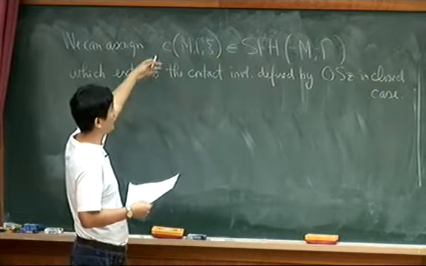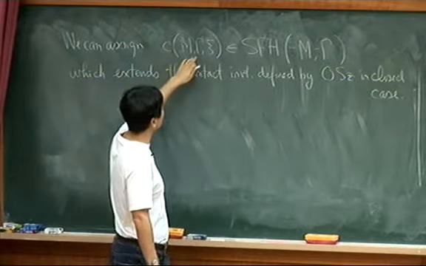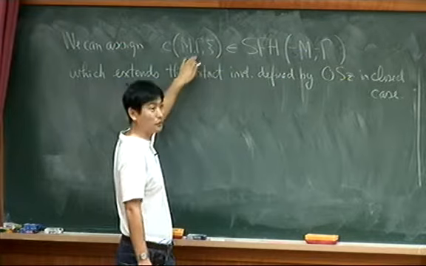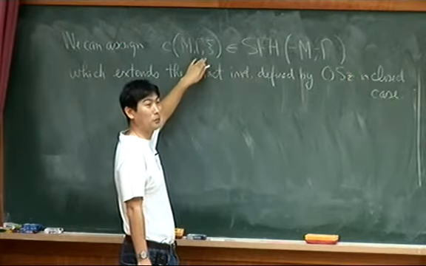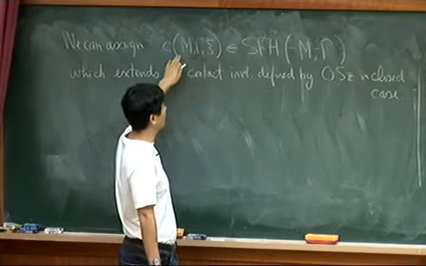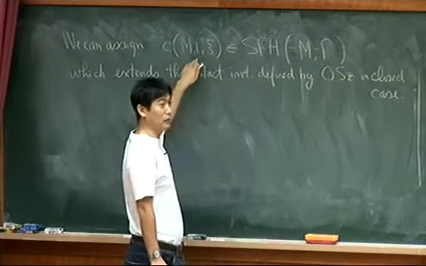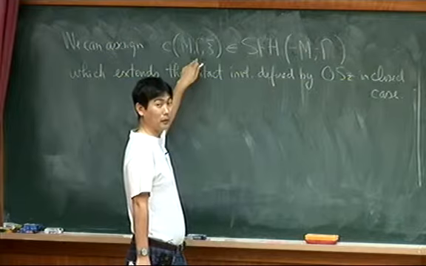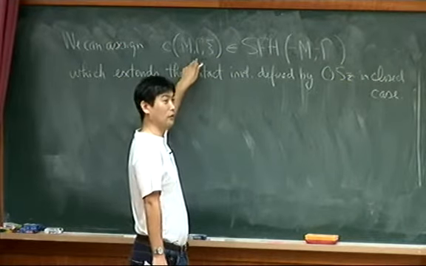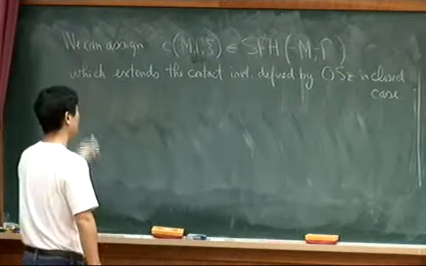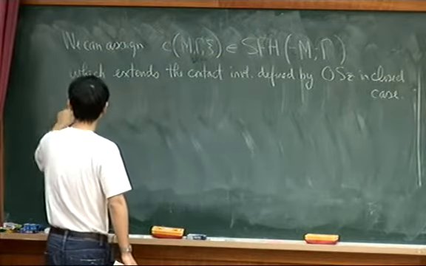A couple of facts. If the contact structure is overtwisted, the contact invariant is 0. And also, if you can embed this contact manifold into a Stein fillable contact manifold, then the invariant is nonzero. So these are a couple of natural properties.